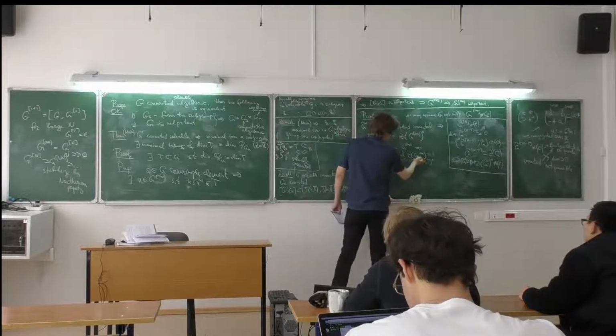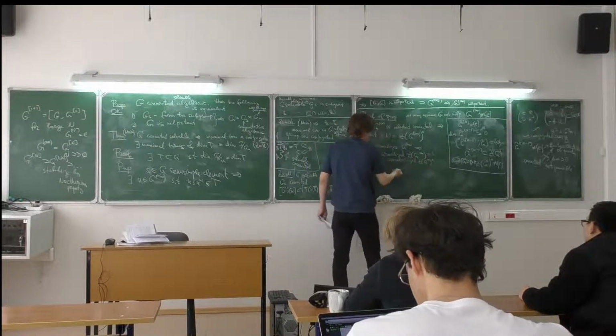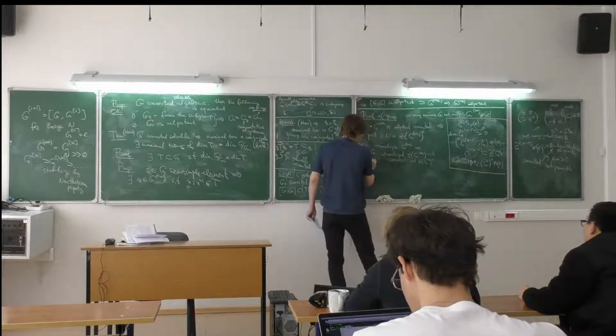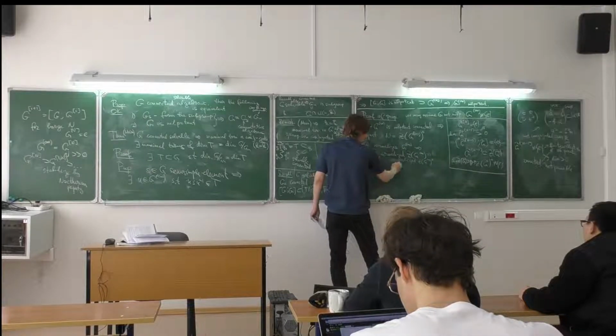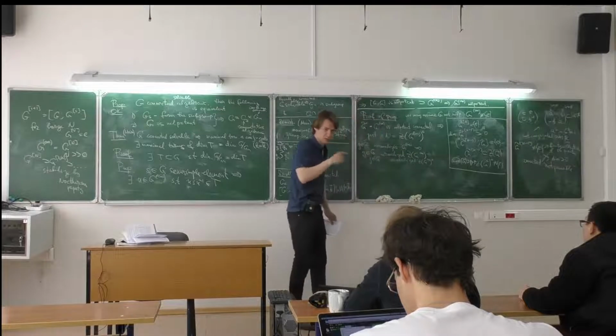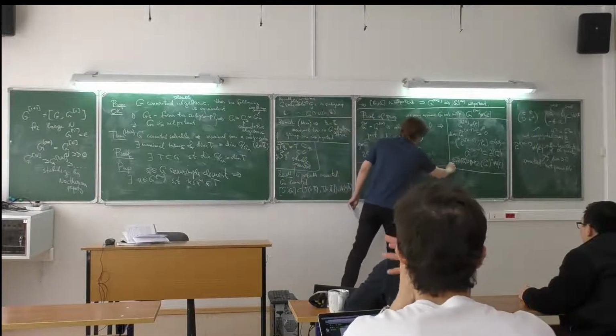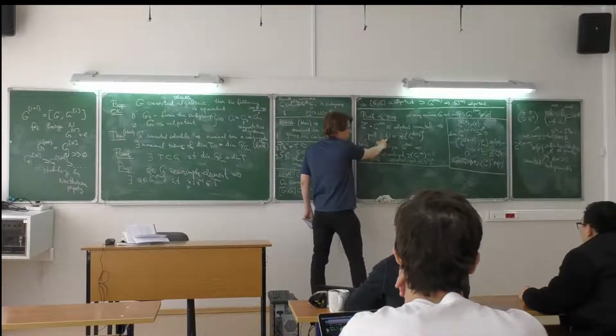Then it normalizes Z of G infinity, the center of this, and then at the end of the day, G normalizes the connected component. Is it clear? Okay. So this implies that this group is normal.